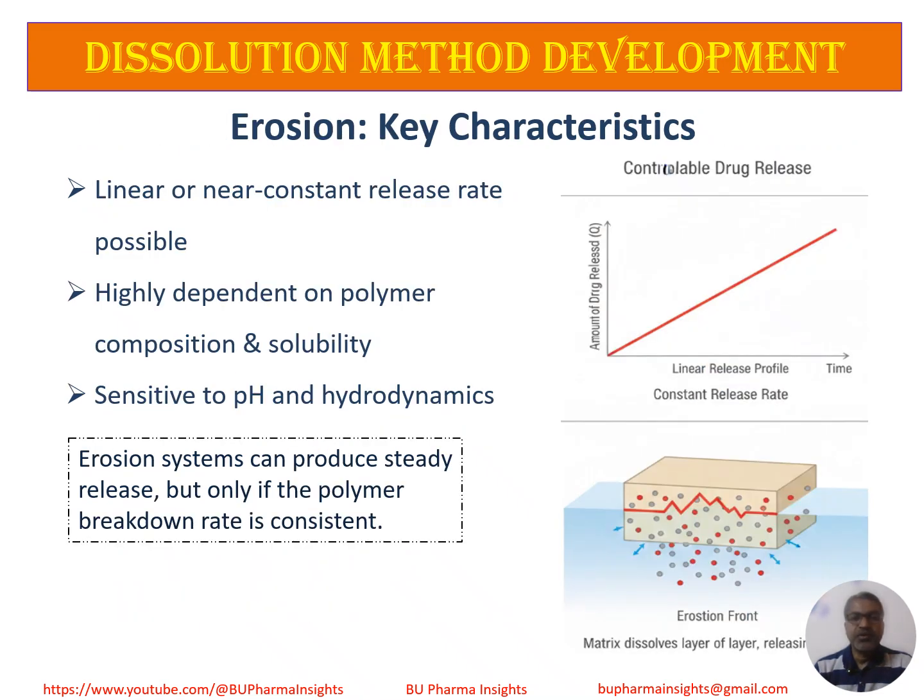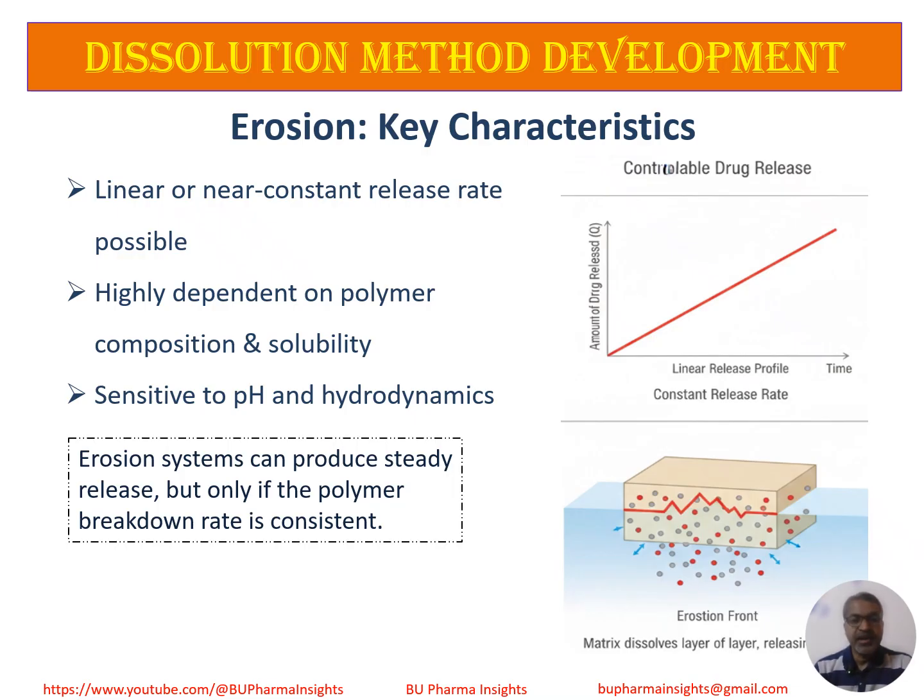In erosion-controlled systems, the dissolution medium plays a major role. Media pH can accelerate or slow polymer erosion, directly affecting the drug release rate. Common erodible matrices include carbomers, HEC, and xanthan gum.